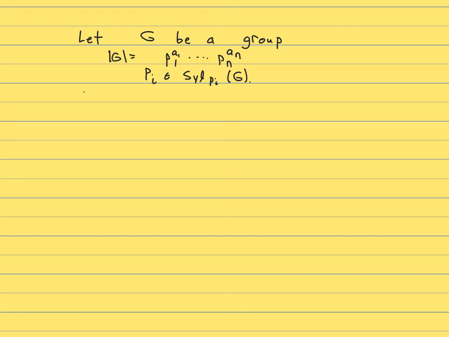Then the following are equivalent. So these are 4 equivalent ways to define nilpotency.